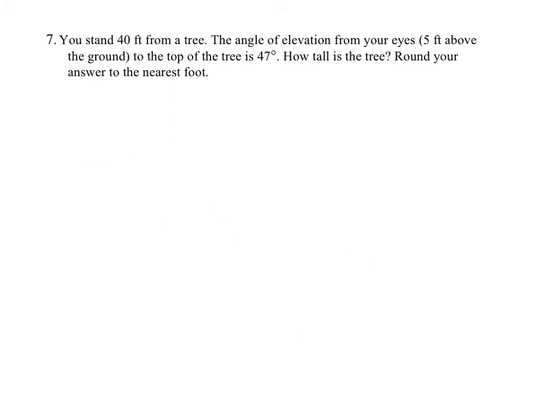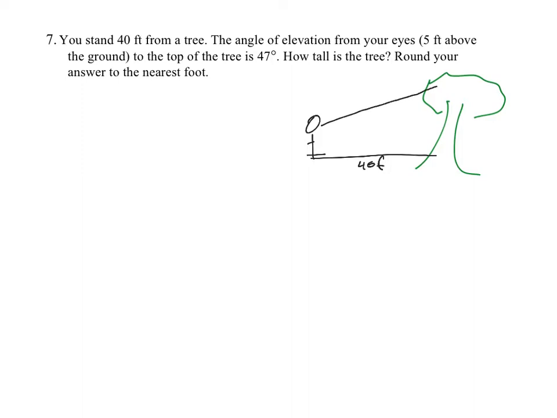It says you stand 40 feet from a tree. So I have my tree right here, right? And you're standing 40 feet from the tree. The angle of elevation from your eyes to the top of the tree is 47 degrees.